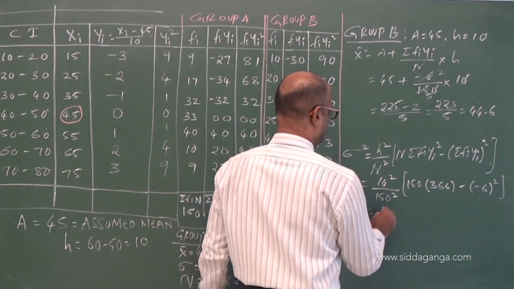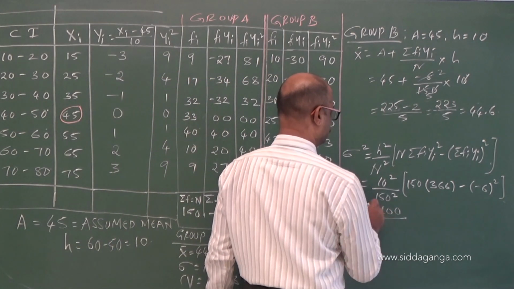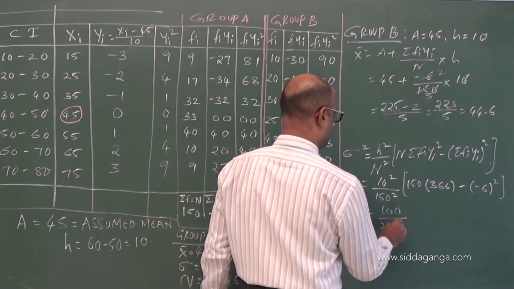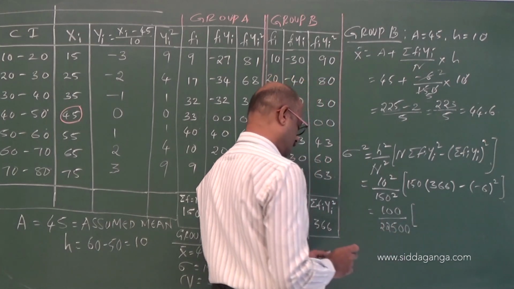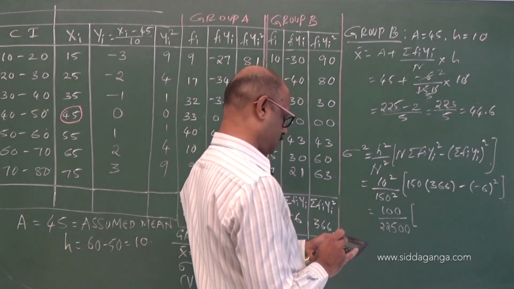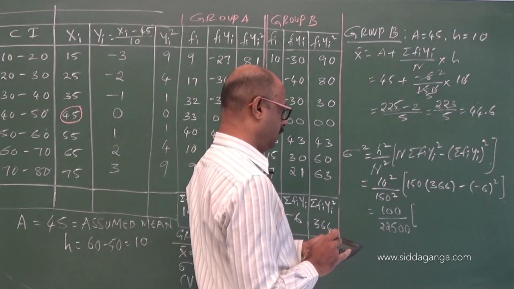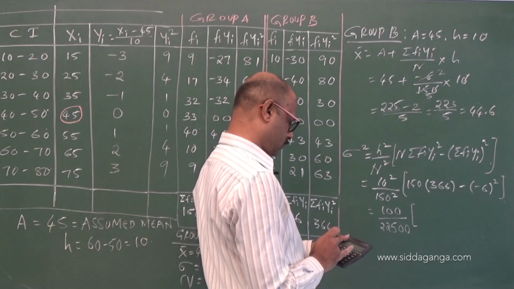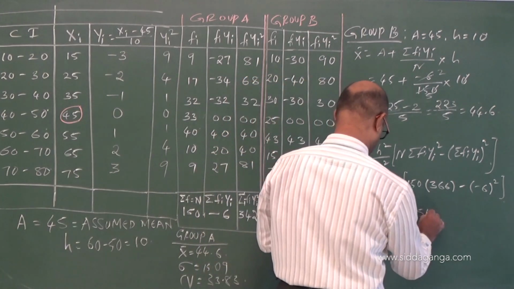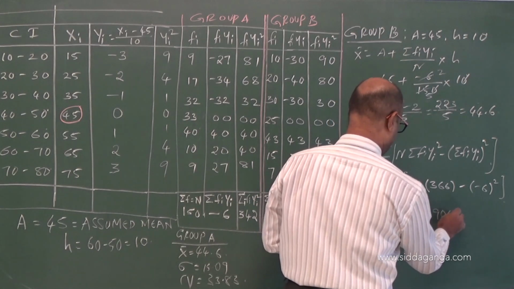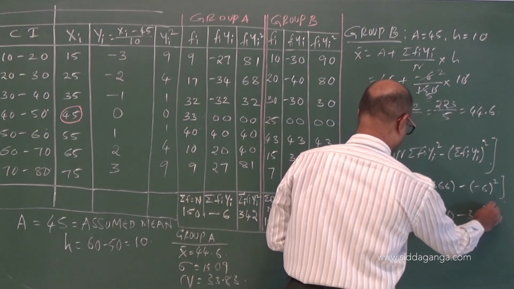So this is 10 square, you will get 100. 15 square is 225 with 00, and here we should multiply 366 into 150. You will get 54,900 minus 36.